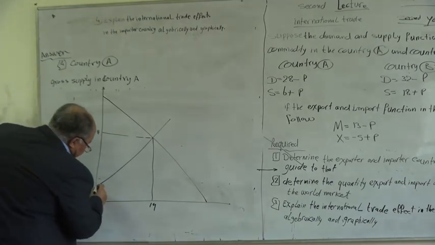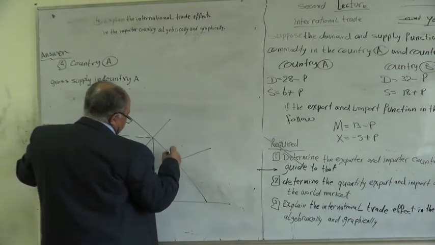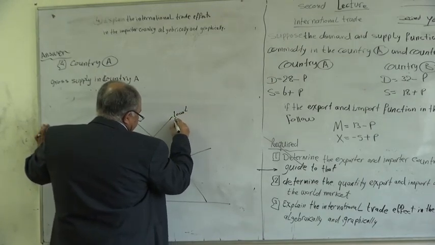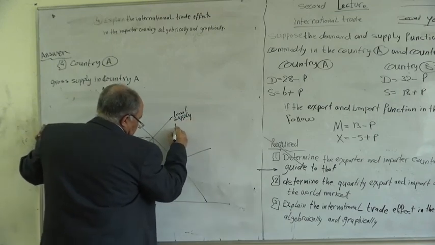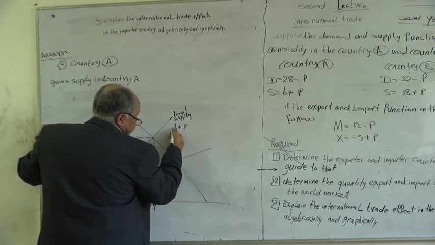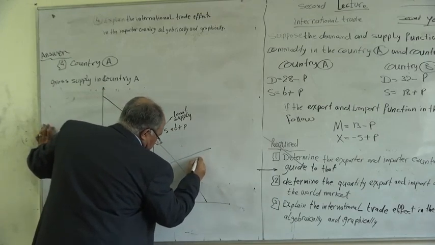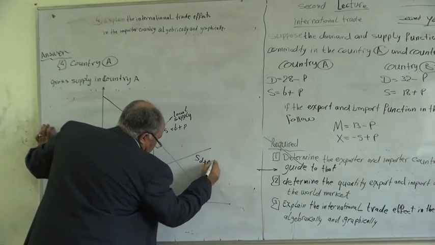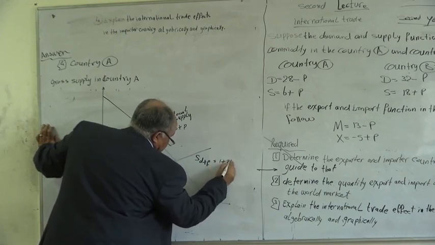But after trade, the supply function: local supply before trade is 6 plus P, but after trade, domestic and foreign equals 1 plus 2P.